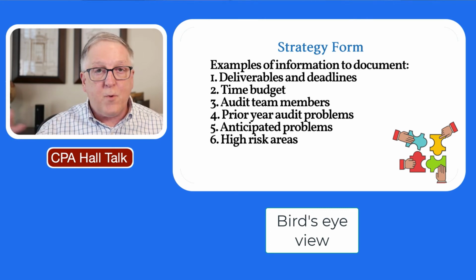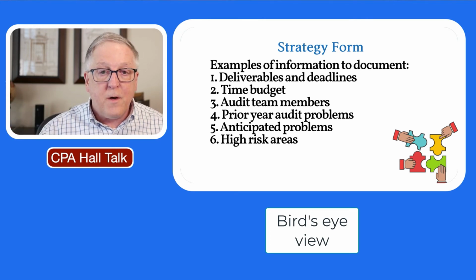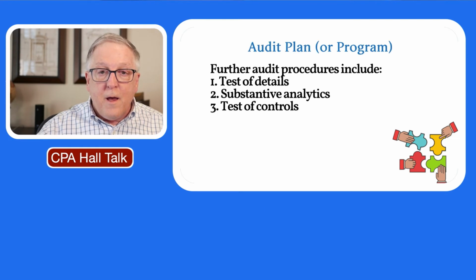The more risk, the more experienced personnel you need. So we can look at this one document, and it's often just a page or two long, and it would have all this critical information in it.